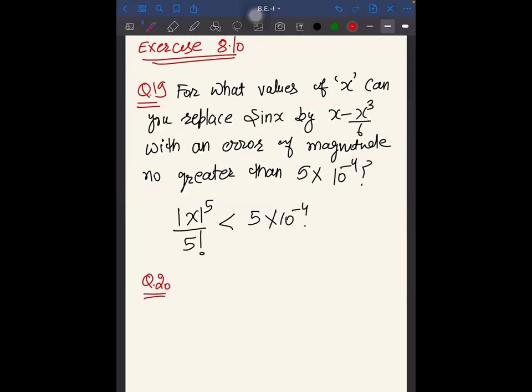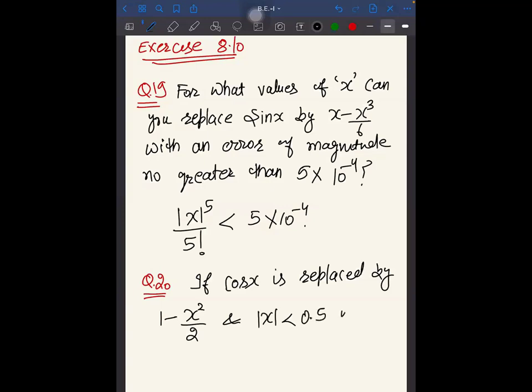So if cos x is replaced by 1 minus x square by 2 and mod x is less than 0.5, what estimate can be made for error?